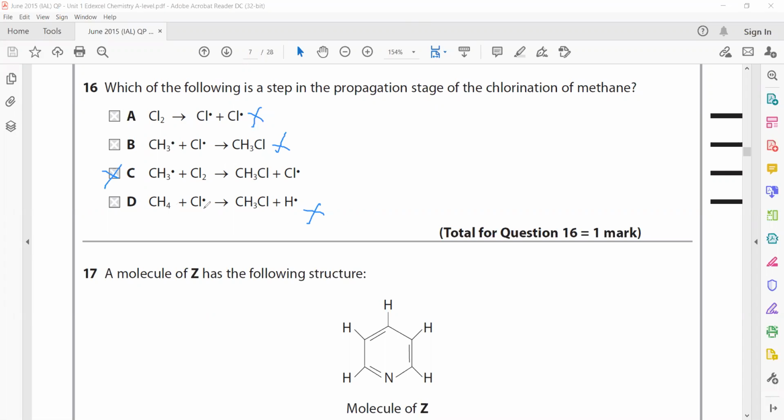This one is also there, but the product is not correct. CH4 plus chlorine radical forms a methyl radical and HCl, and this methyl radical reacts with another chlorine molecule to form another chlorine radical.